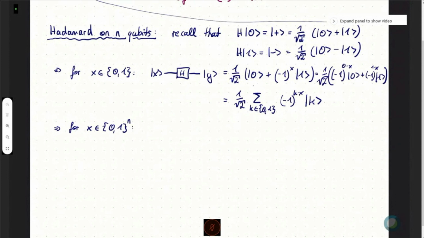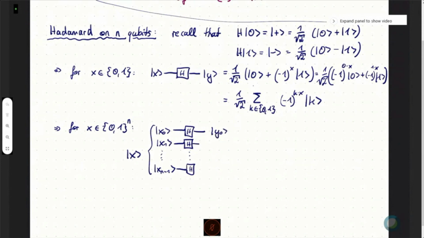If we have our input x again, which is in this case now x0, x1, and so on till xn minus 1, and then we apply a Hadamard gate on all of them, we get our outputs y0, y1, and so on till yn minus 1, which is in total a bit string y.